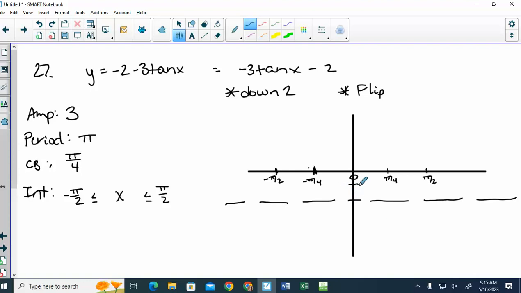Our amplitude is 3. So we're going to go 3 above, which would take you to positive 1, or 3 below, which takes us to negative 5. Okay, we picked this interval for tangent for a reason. Both ends are vertical asymptotes.